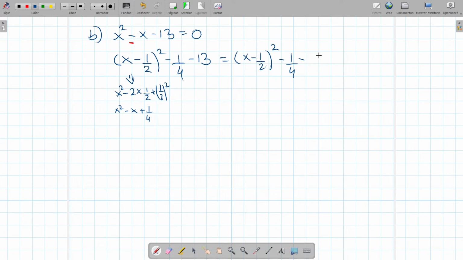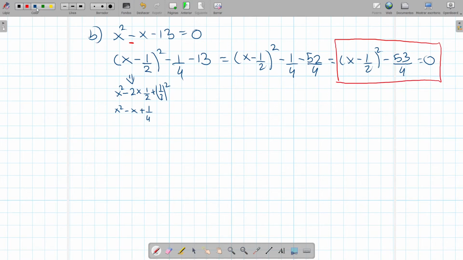So 4 times 13 is 52, 4 times 1 is 4, and 1, 5... let me check that very quickly. Yes, that gives us x minus a half squared minus 53/4, equals 0, and that would be the answer.